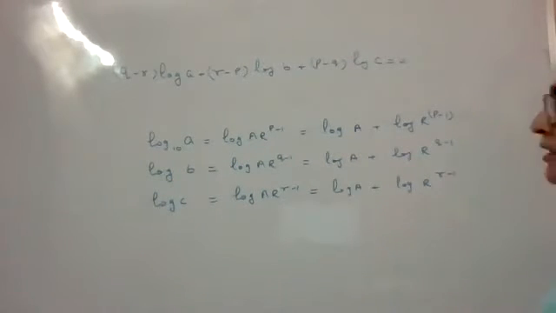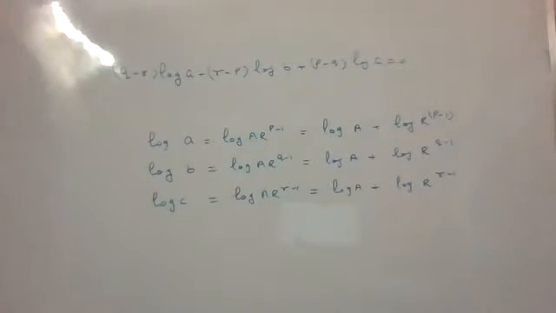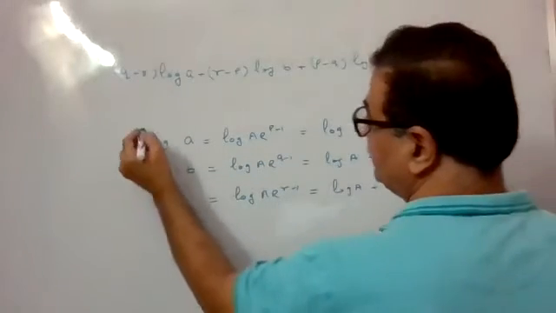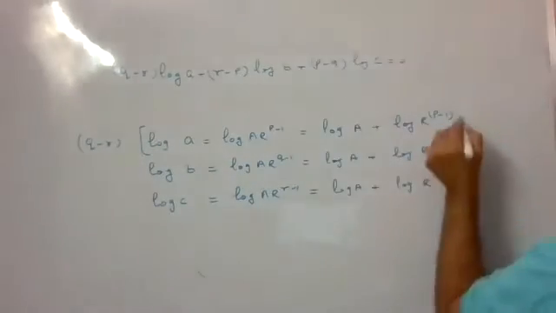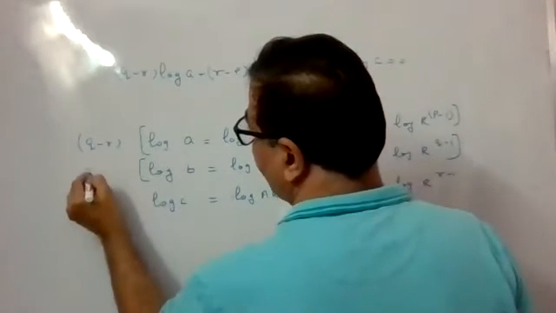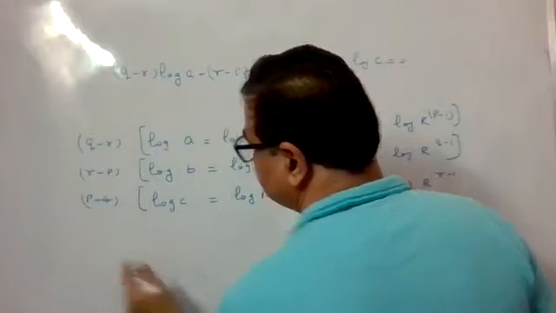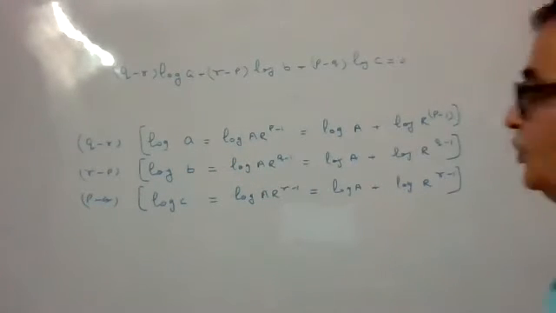Okay? Base anything can be there, that is not a problem for us. Then I want Q minus R into log A. So this whole I'll multiply with Q minus R. This we will multiply with R minus P. This will multiply with P minus Q.